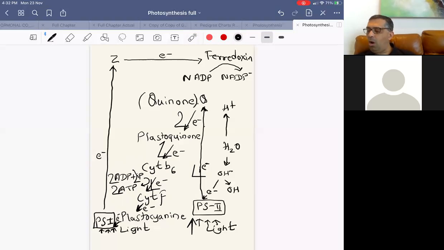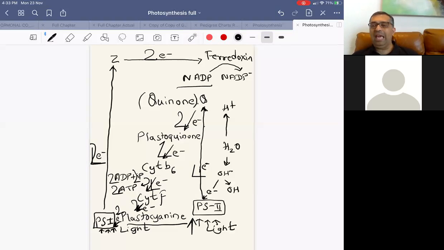And 2 electrons are given by cytochrome F to plastocyanine, 2 electrons by plastocyanine to PS1. 2 electrons are given by PS1 to Z. Z gives 2 electrons and 2 electrons are accepted by ferredoxine. So NADP accepts 2 electrons. So it will become NADP minus 2.